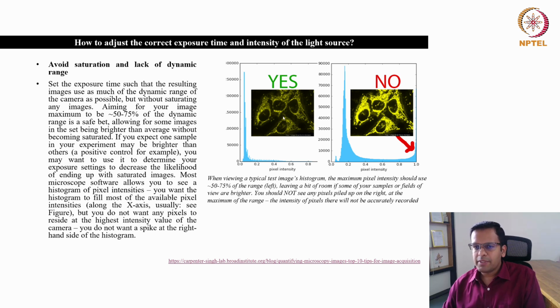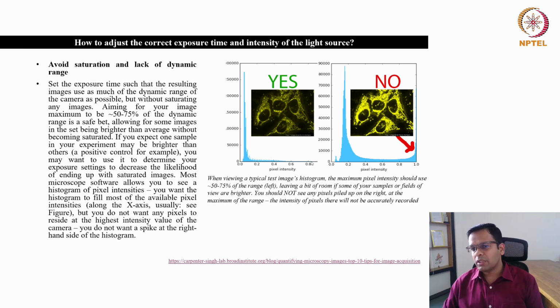Let's say the same cell is captured with a lower exposure time and a higher exposure time. If you go for a very high exposure time, you will see that your pixels are actually saturating. Many pixels are even accumulating at 1, which means those pixels are saturated.